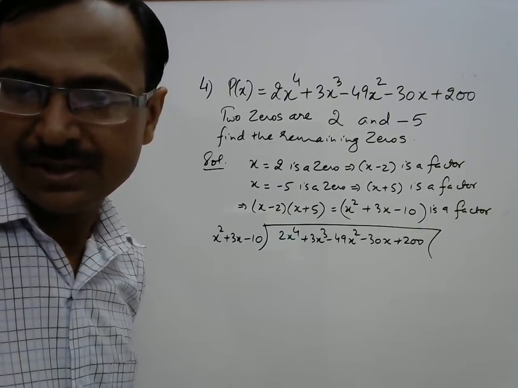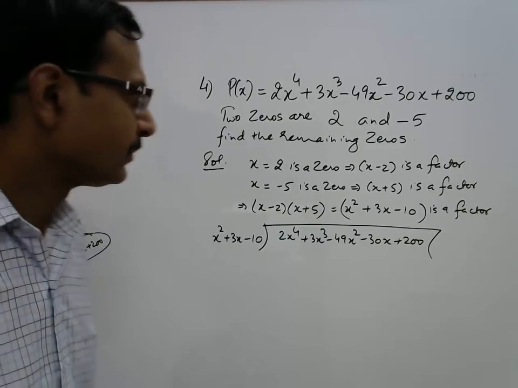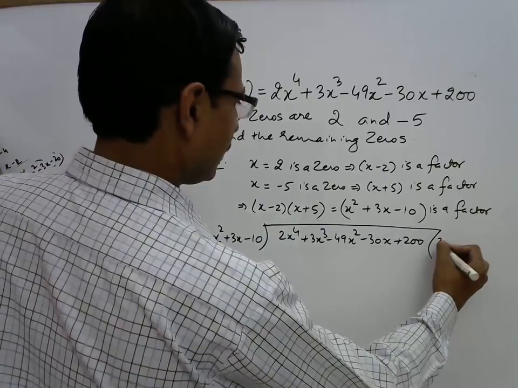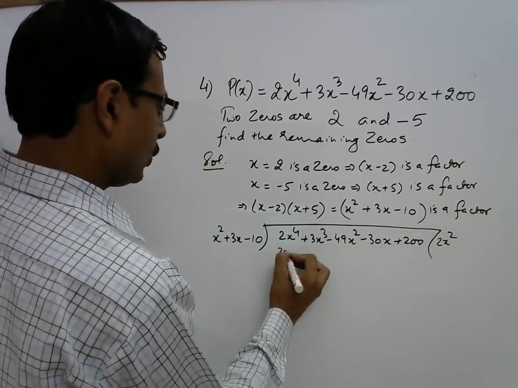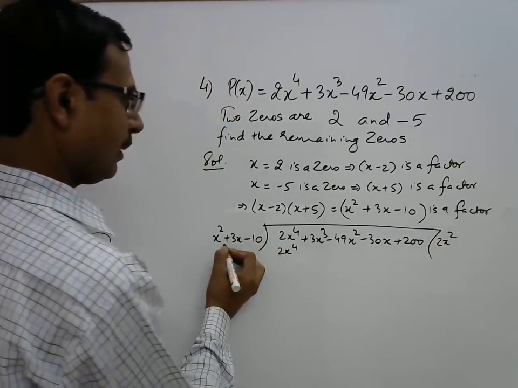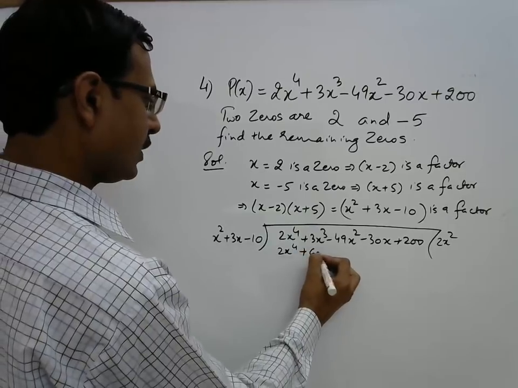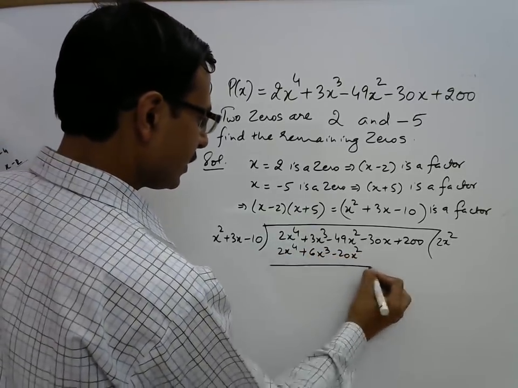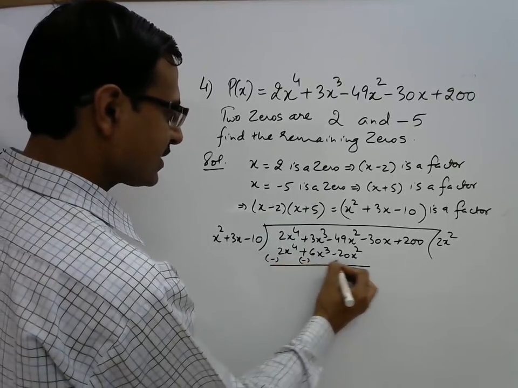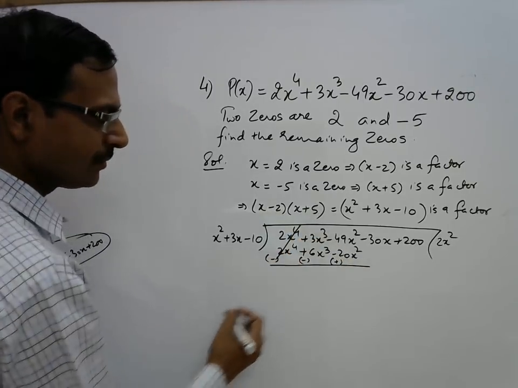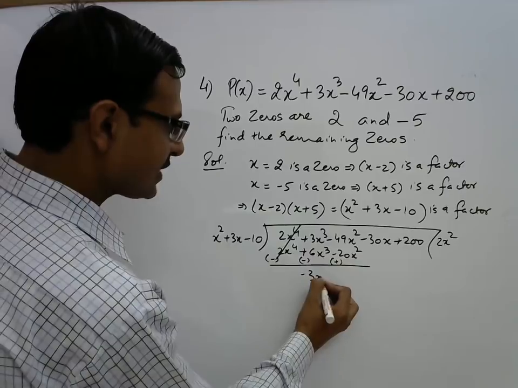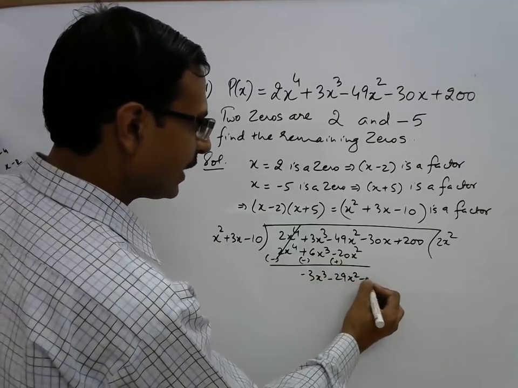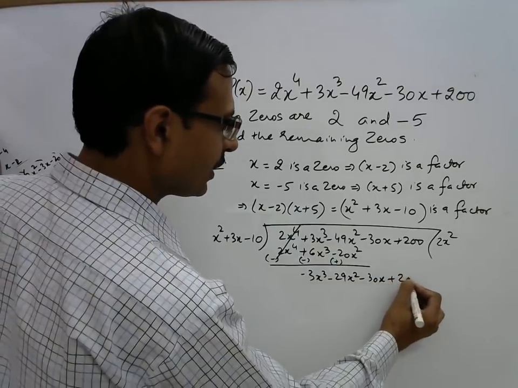Let me just check. Now see, if you convert this, 2x^4 plus 6x cube minus 20x square, minus plus sign change. So this becomes minus 3x cube minus 29x square minus 30x plus 200.